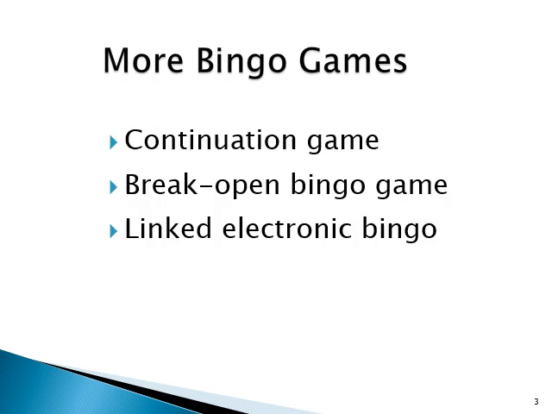Continuation game. A continuation game is when you can play up to 3 different games on the same bingo face. The most common example of that is where you play, say, a regular one-line bingo for, say, a $50 prize, and then on the same sheet you play on for a double bingo.